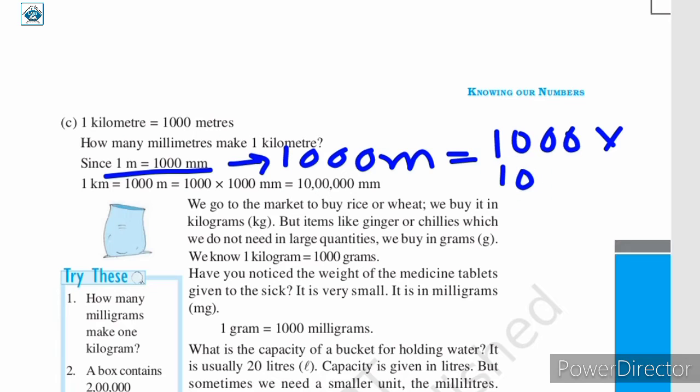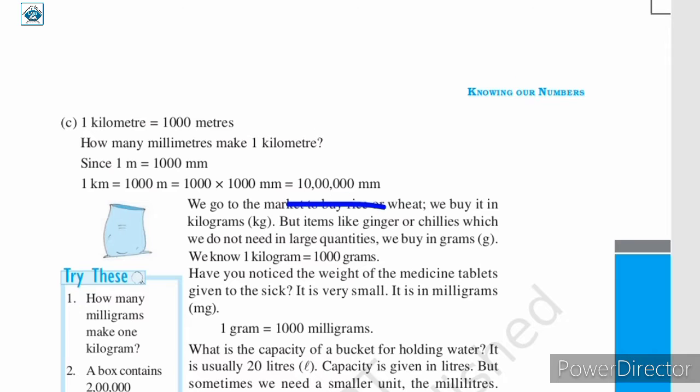So when you multiply this, you will get 1 kilometer is equal to 1000 multiplied by 1000 millimeter. So here you are given that this is equal to 10 lakh millimeter. So how many millimeters make 1 kilometer? 10 lakh millimeters make 1 kilometer.